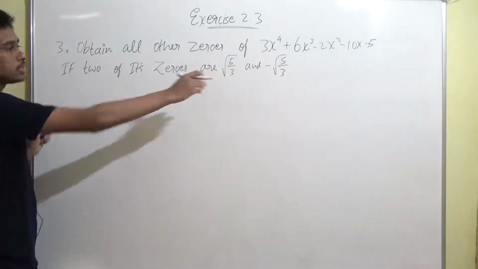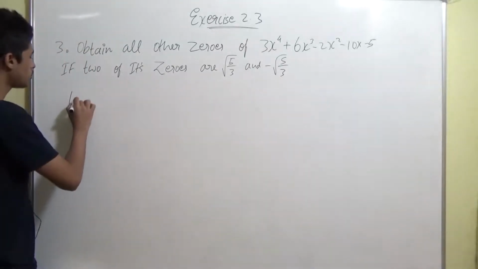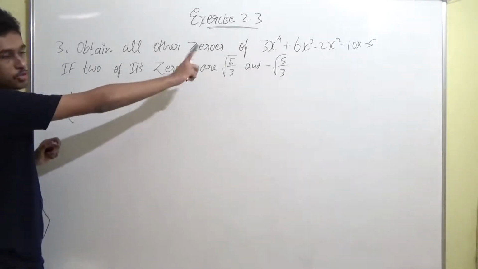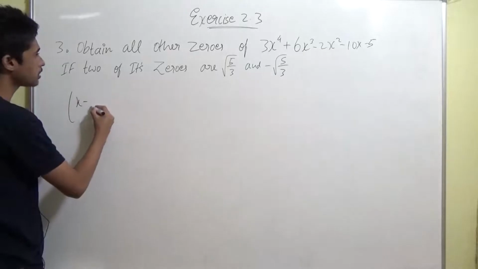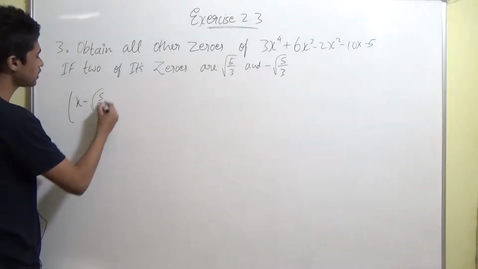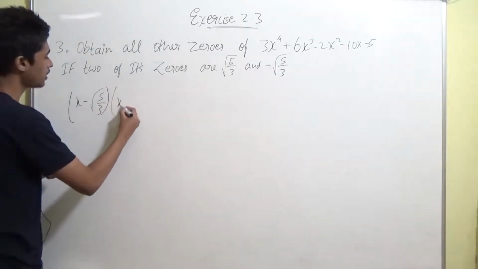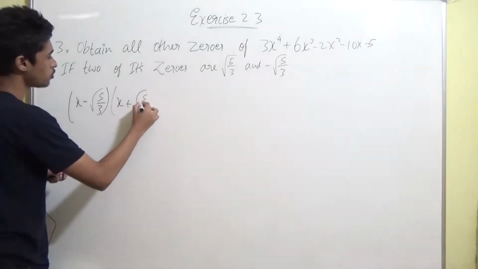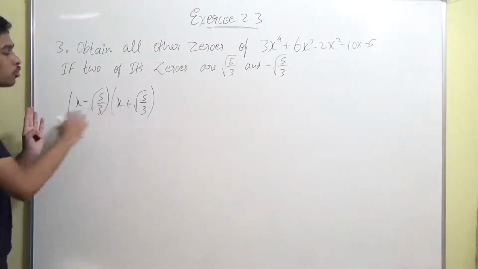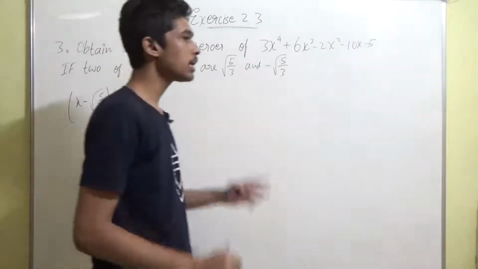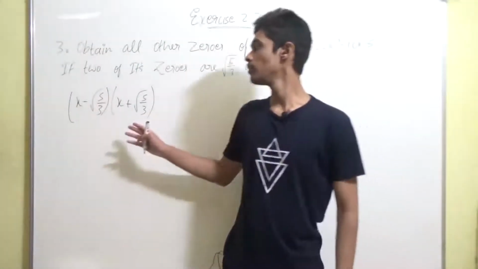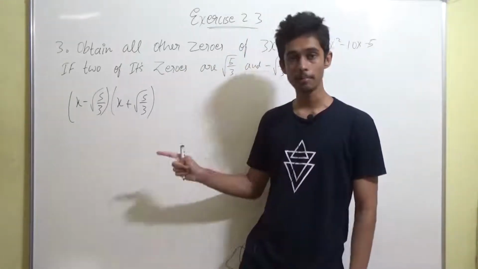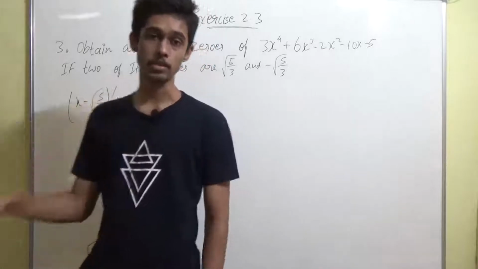When they have given these two zeros, you have to write it as x minus root 5 by 3, and then x plus root 5 by 3. Now you have to open this using the formula (a + b)(a - b) = a^2 - b^2.